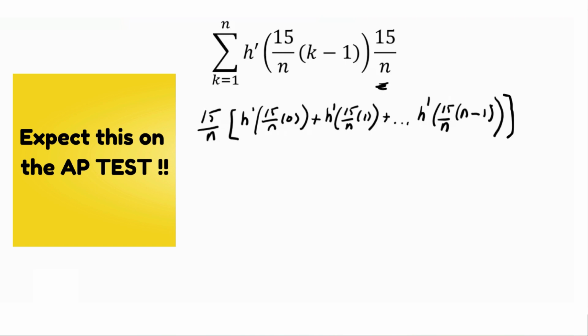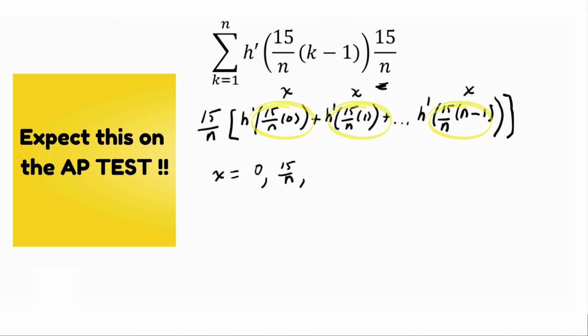Okay, so what do we notice here? Well, we can see here that this is going to be our x values. All right. So we know that the first term, if you had 15 over n times 0, we would get 0. Then the next term would be 15 over n.